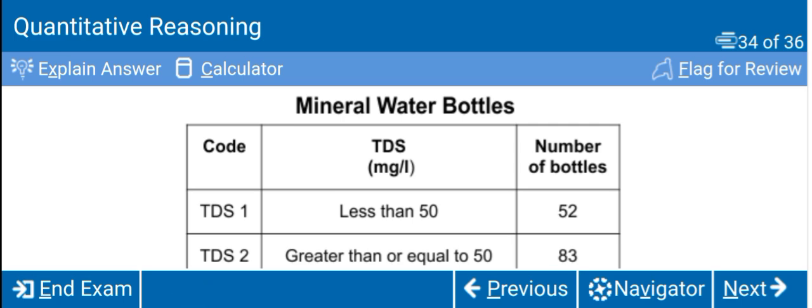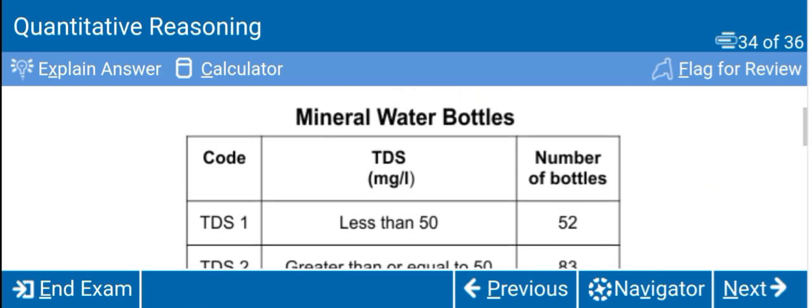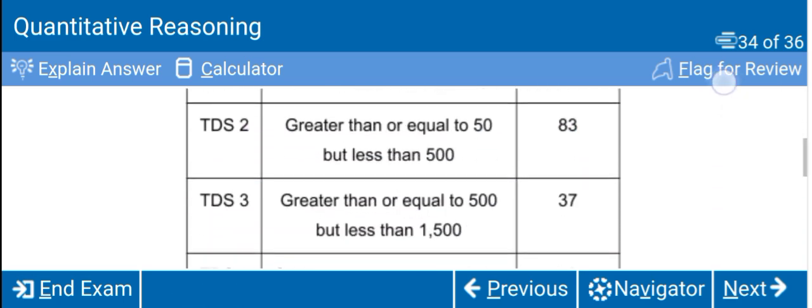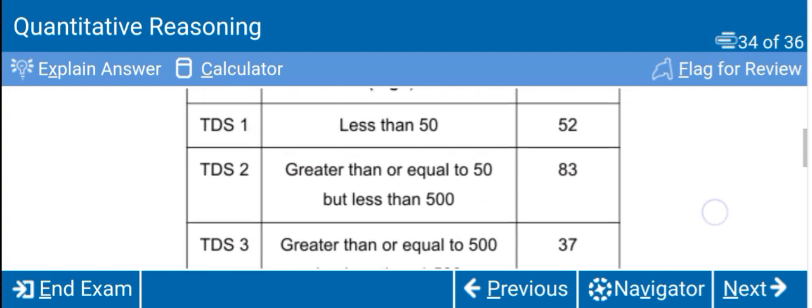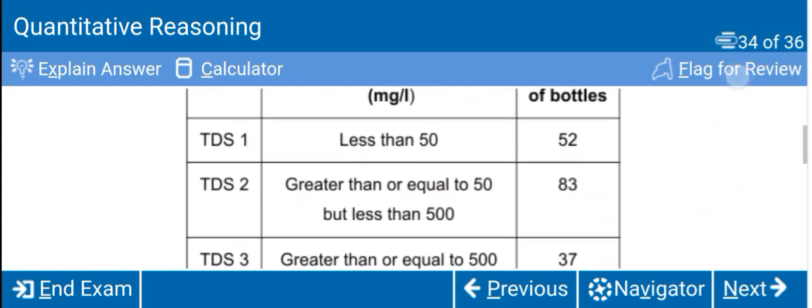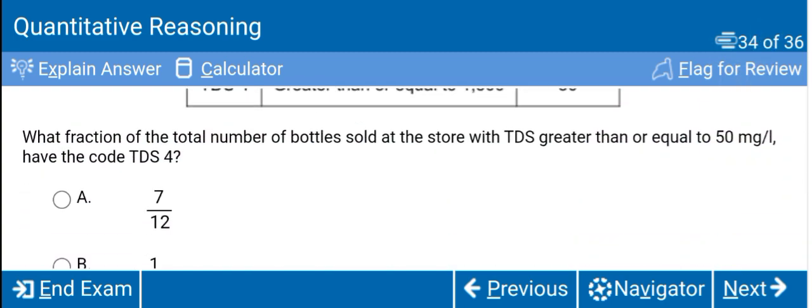So here we have mineral water bottles code TDS 1, 2, 3, 4, and then we have the number of bottles. And the question is: what fraction of the total number of bottles sold at the store with TDS greater than or equal to 50 milligram per liter have the code of TDS 4?